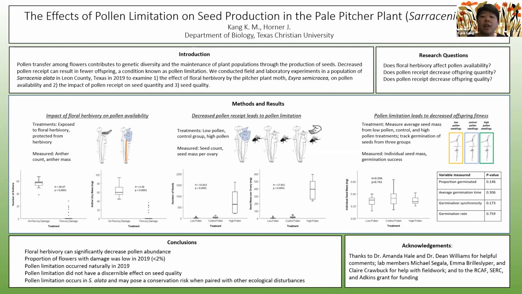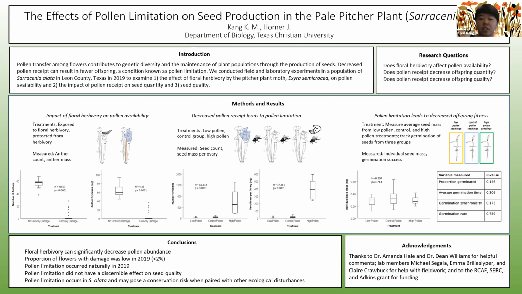So now that we know that pollen limitation can occur in the species, we looked at whether pollen limitation could affect not only the number of seeds produced, but also the quality of the seeds. So we did this by measuring the mass of an individual seed and also by putting these seeds through germination treatments. So in that first graph below our third research question, you can see that the average individual seed mass was not terribly different between our groups.